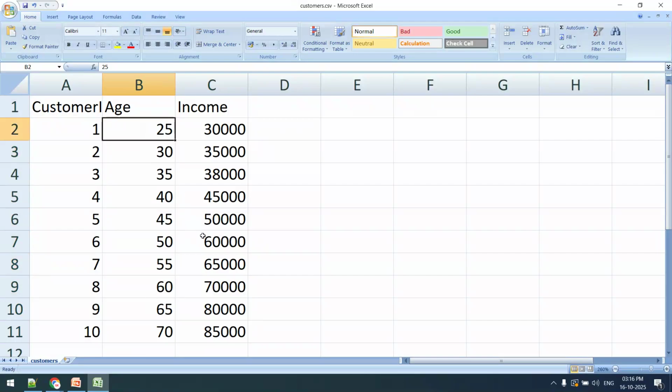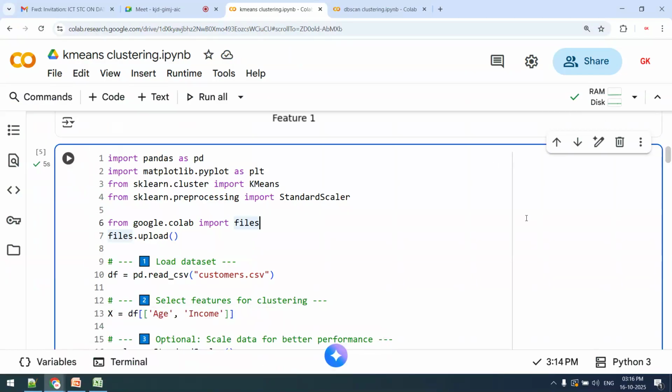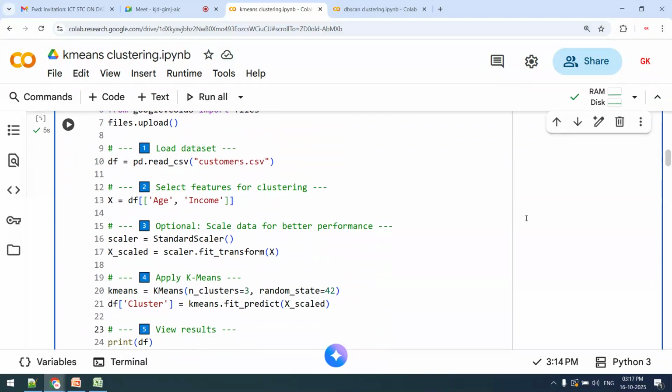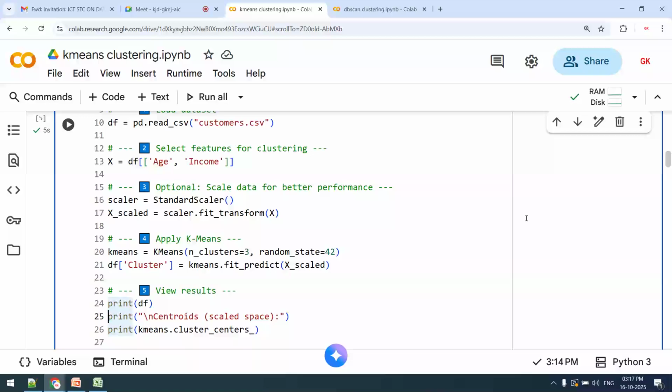Now what is the major problem here? This data set is okay, the code is also fine. Depending upon this code and the attributes, age and income, cluster formation will be done. How many clusters have we given? We have given three clusters.